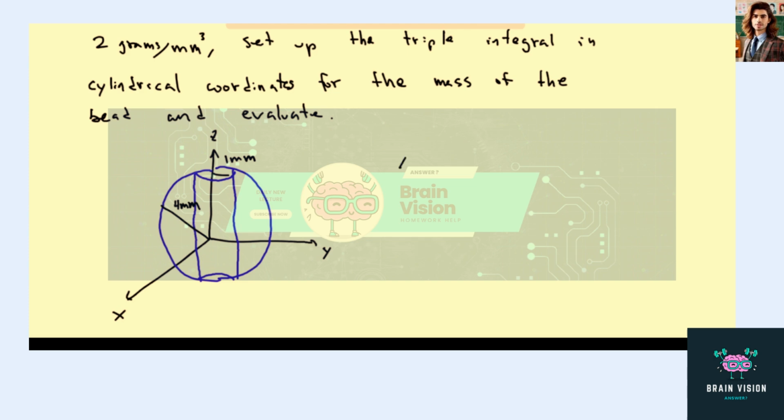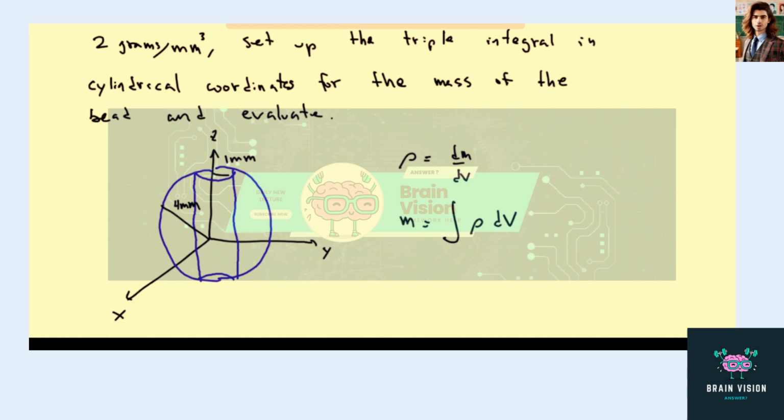First, we need to recall how the mass density is related to the mass and the volume of our bead. So rho, the mass density, will be equal to dm over dv, which means that the mass will be equal to the volume integral of rho dv.